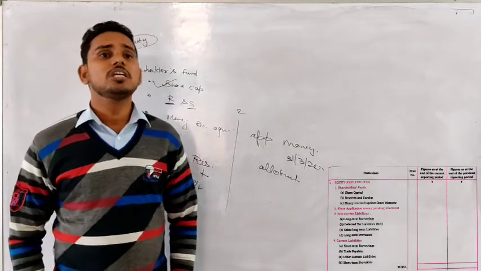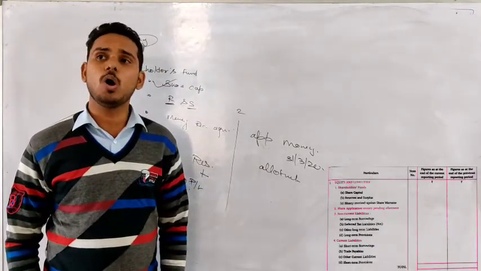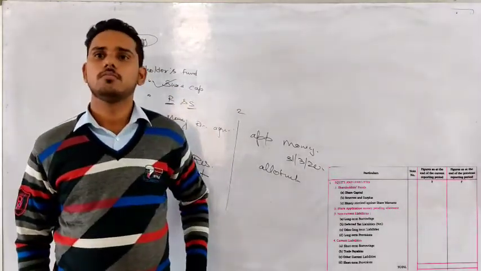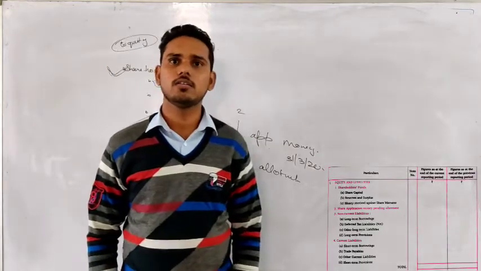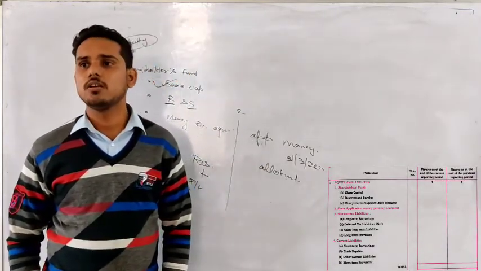Now the point is the share is not actually allotted. So the company cannot assume that and write that thing into share capital, because actually the share is not allotted, right?